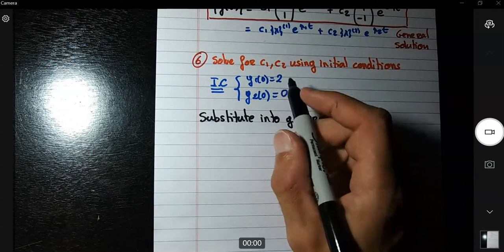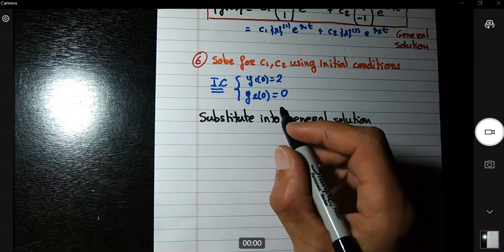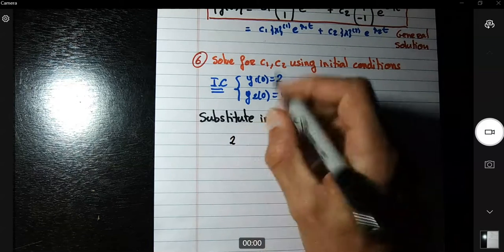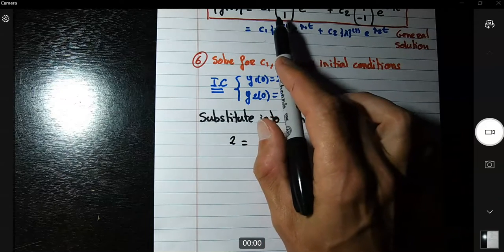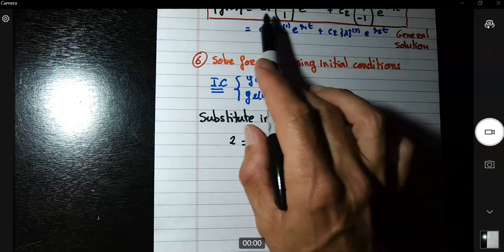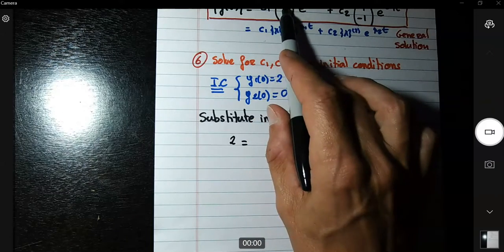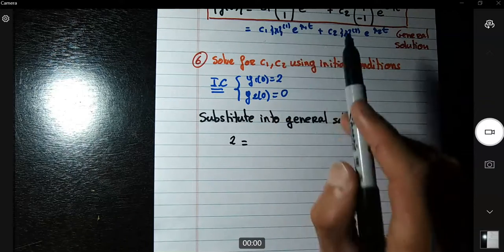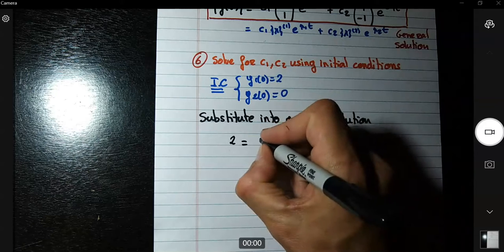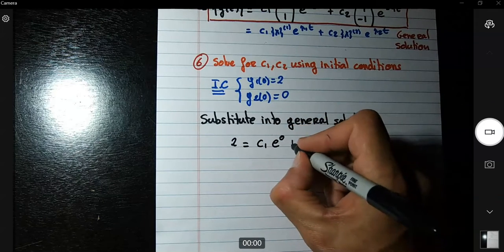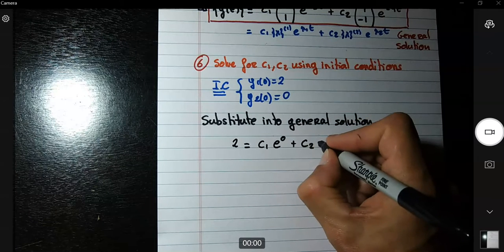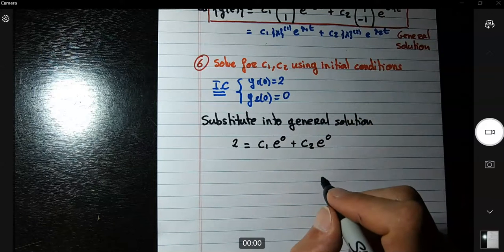So let's do the first one. y of 0 will be equal to what? This will be for the top one, this is y1, and the bottom one will be y2. So it will be c1 e to the 0 plus c2 e to the 0.